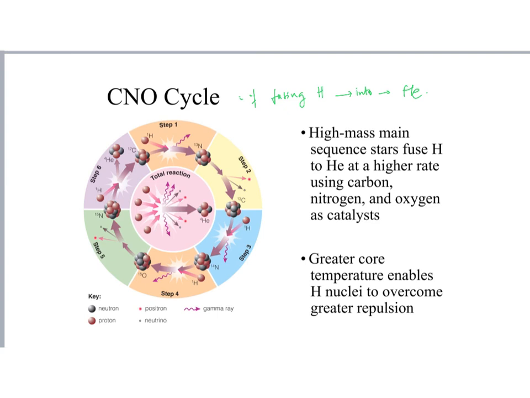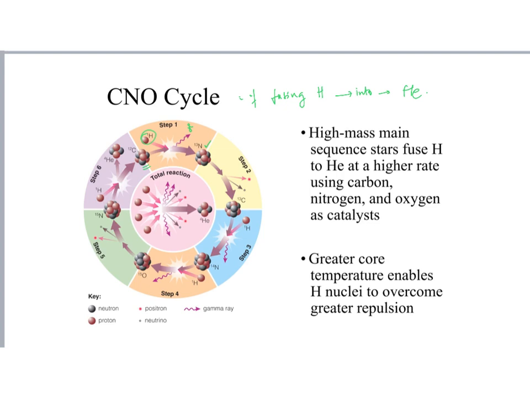Take, for example, step 1. You have one proton or one hydrogen atom that's going to combine with a nucleus of carbon 12, an isotope, and they produce a nitrogen nucleus and some gamma rays, some photons of light.